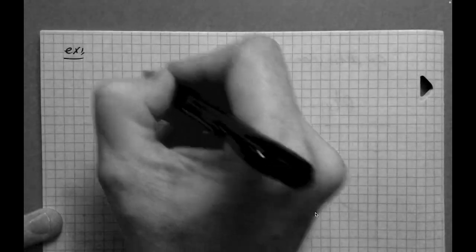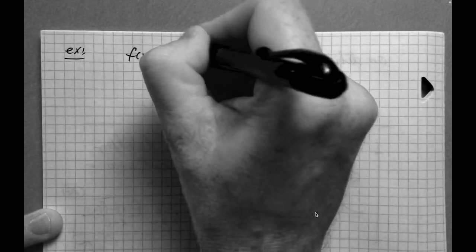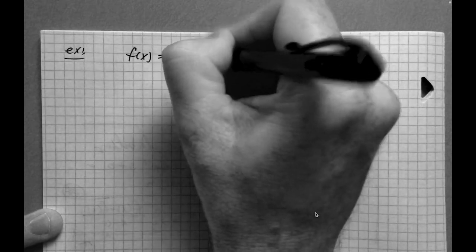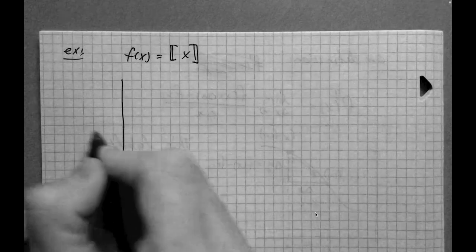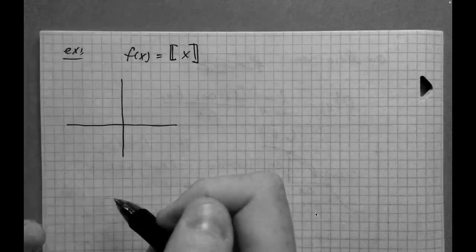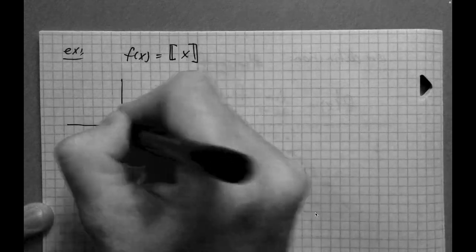Let's consider a function we've seen in the past. Let's consider f(x) equals the greatest integer function. Now remember what this one looked like. I'll draw it again. This is like a step function, right? So at every integer, the thing would step up.